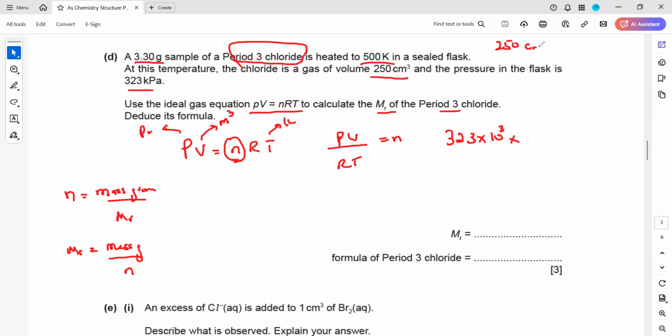If we have 250 cm cube, we want to convert into meter cube. If we want to convert centimeter into meter, what do we do? We divide it by 100. But we want centimeter cube to meter cube. So what do we do? We divide it by 100 cube.